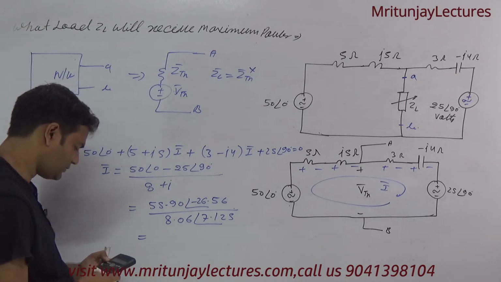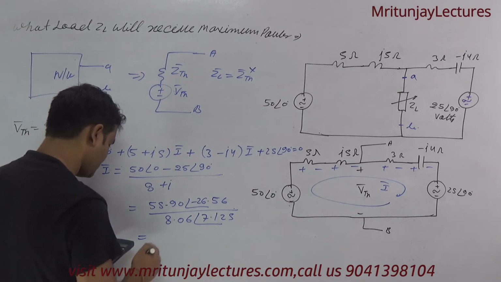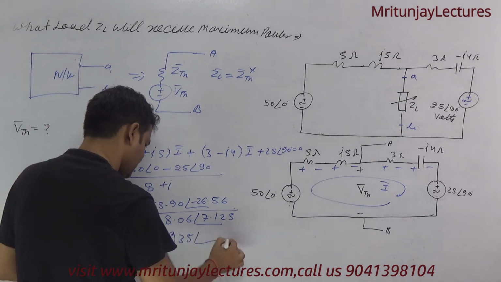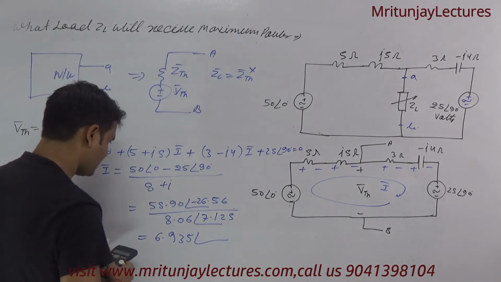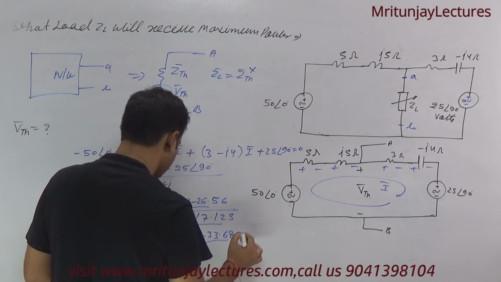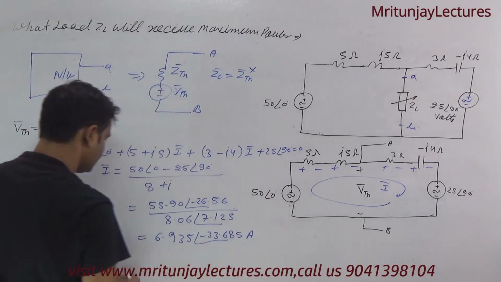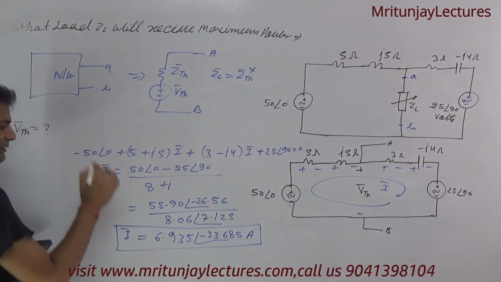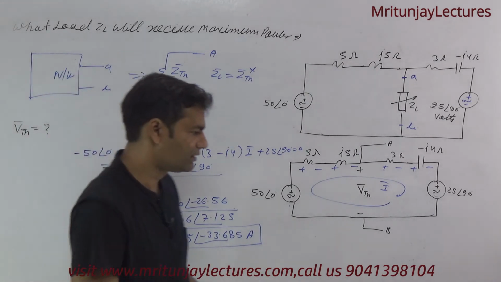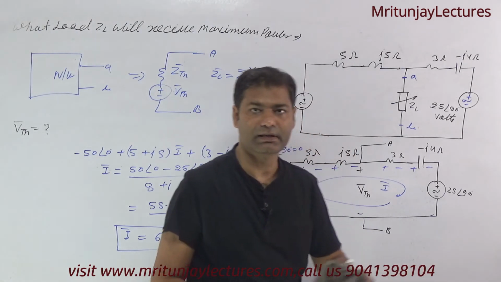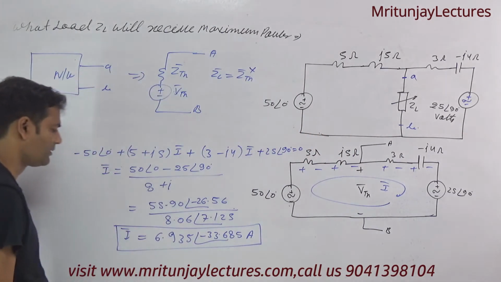So finally we got 6.935 at the angle minus 33.685 ampere, that is I. So I is written like this. Clear or not? If you face a problem, then tell me, sir, I face the problem, then I will explain again. I is clear?